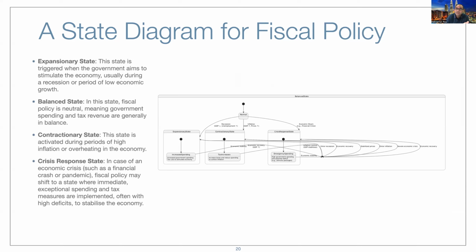Similarly with monetary policy, similarly for international trade policies in terms of export potential, export policy, import policy, different kinds of tax imposition, import duties, export duties, and all those kinds of states that you can identify for different kinds of fiscal policies and monetary policies.